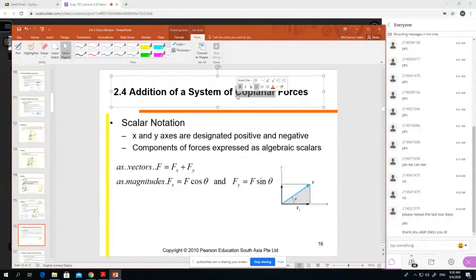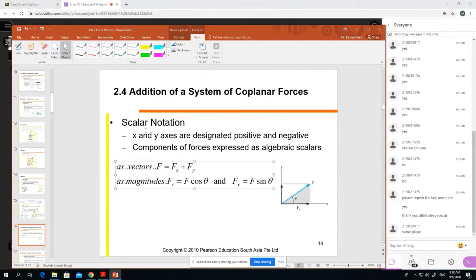Coplanar force. If you don't know, I tell you here. Coplanar means same plane. Yes, fine. Correct answer.